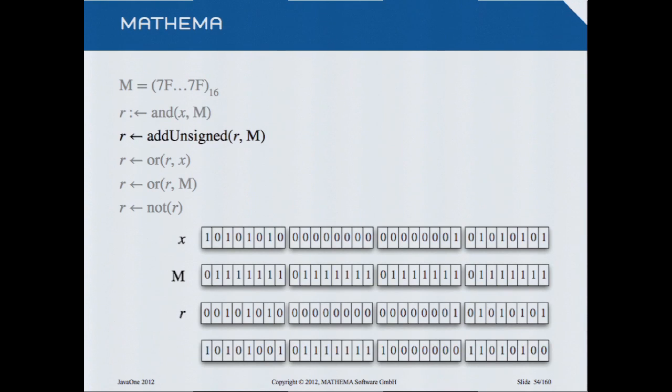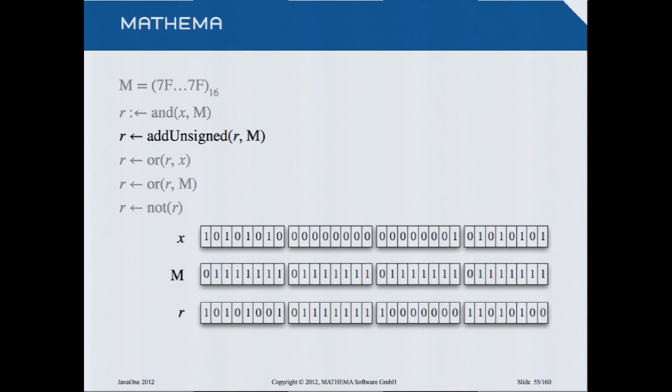Now we add the mask to it, and we will have an overflow. You see it here. We have an overflow whenever there is a set bit, because of our mask. With the addition, one bit will be propagated to this most significant place.